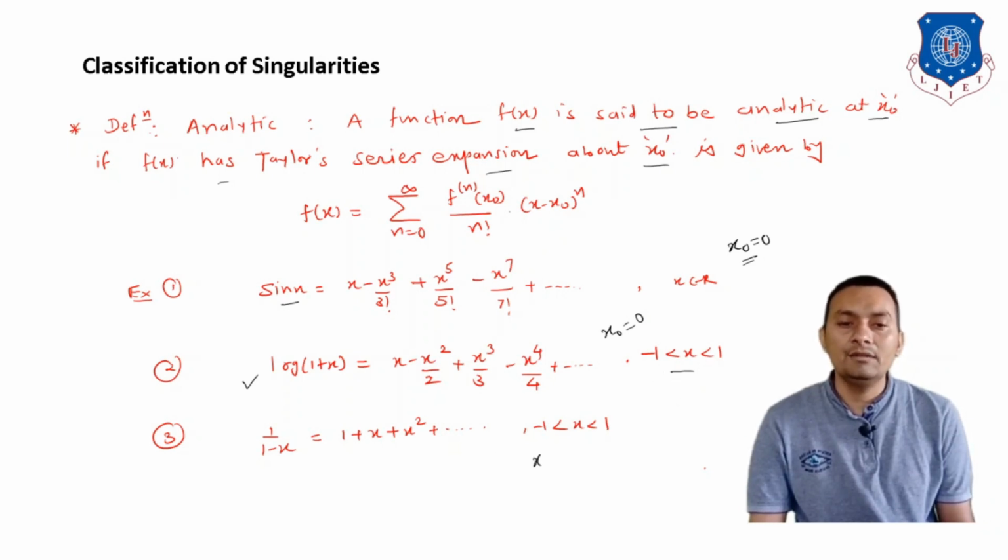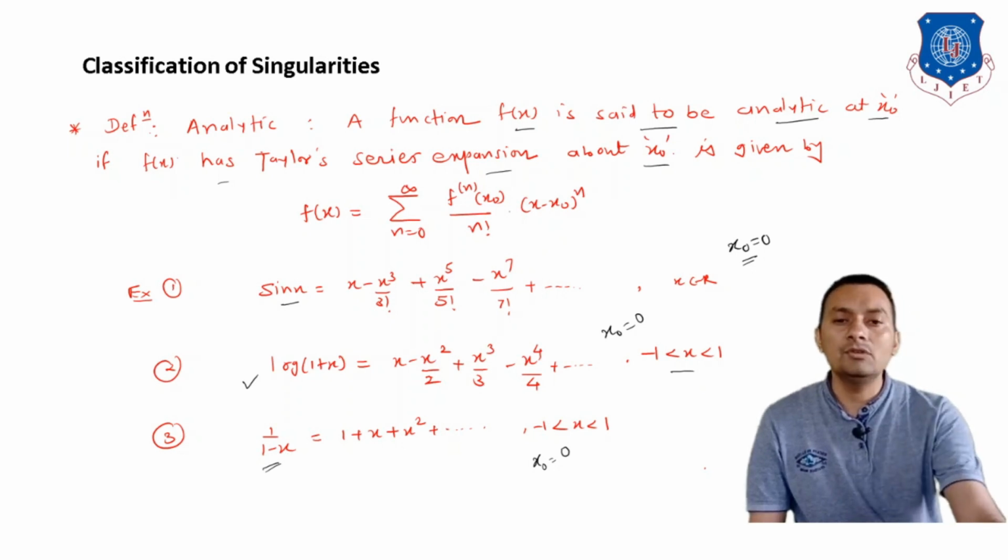The same argument holds here, because this function can be expanded about the origin as 1 plus x square and so on, based on the Taylor series expansion, or you can say the Maclaurin series. So these are the functions which are analytic at a particular point.